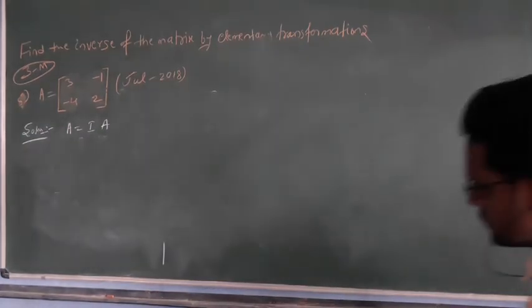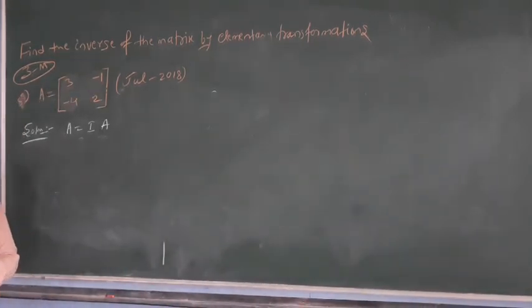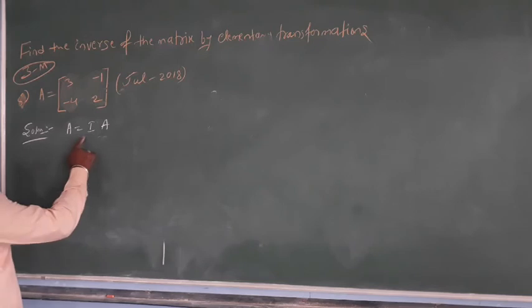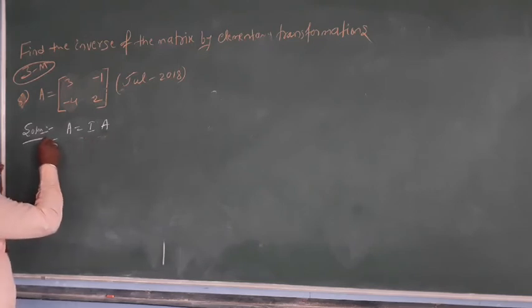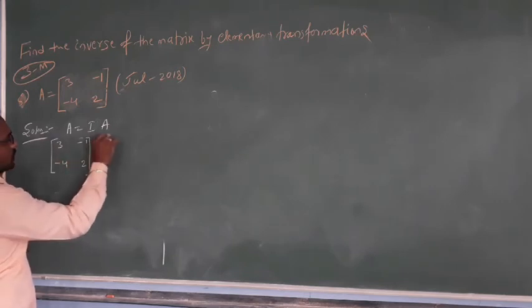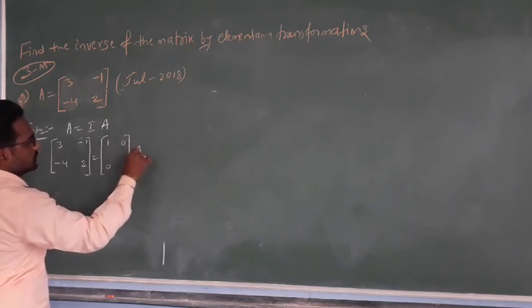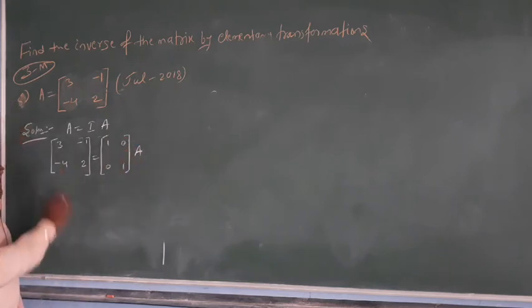Okay, observe the next problem, students. It appeared in July 2018. So A equals I into A. So A is 3 minus 1, minus 4 2, 1 0, 0 1 into A. So how to convert this one?